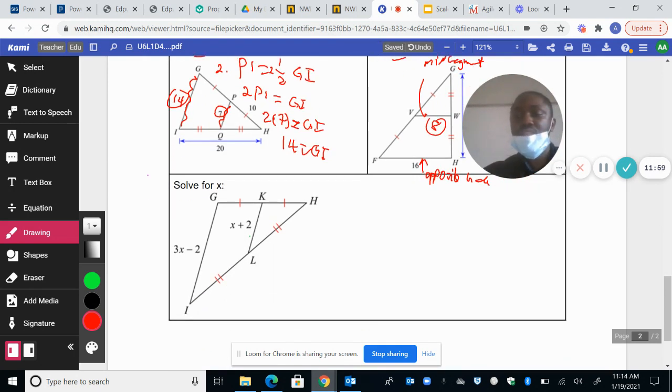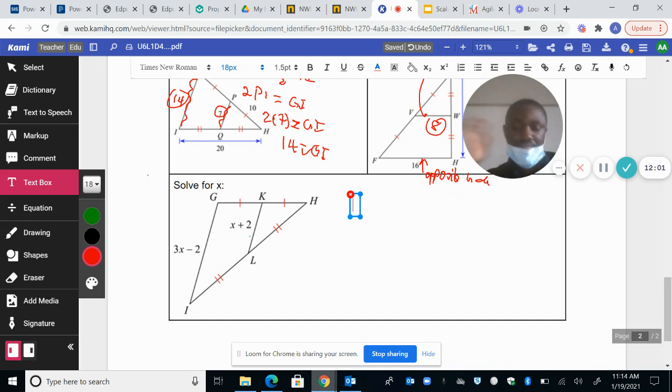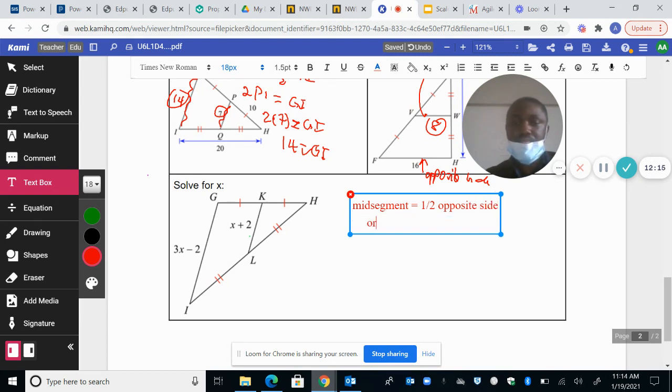So lastly here, mid segment equals half the opposite side, or opposite side equals twice the mid segment.